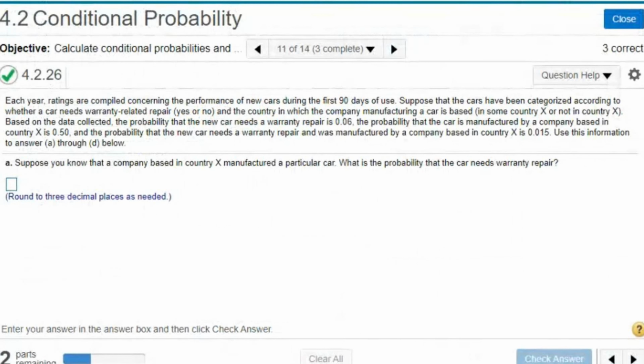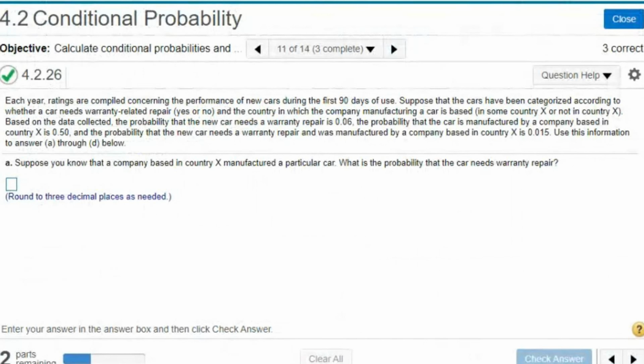Each year, ratings are compiled concerning the performance of new cars during the first 90 days of use. Suppose that the cars have been categorized according to whether a car needs warranty-related repair, yes or no, and the country in which the company manufacturing a car is based, in some country X or not in country X. Based on the data collected, the probability that the new car needs a warranty repair is 0.06.